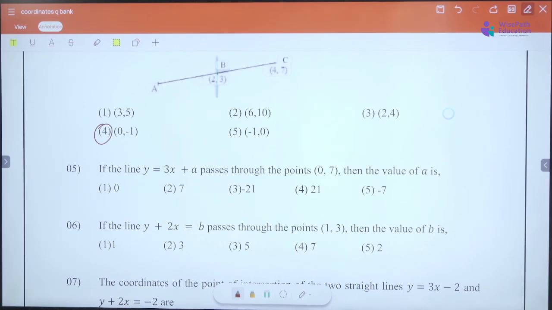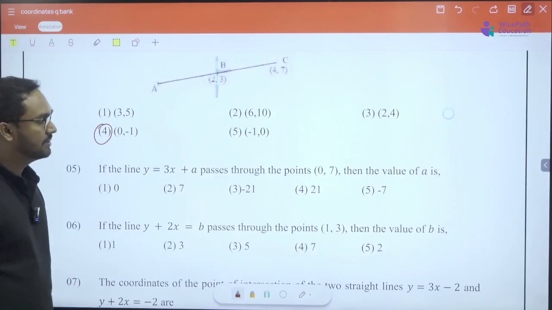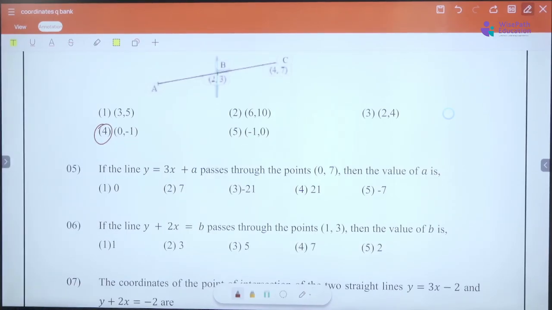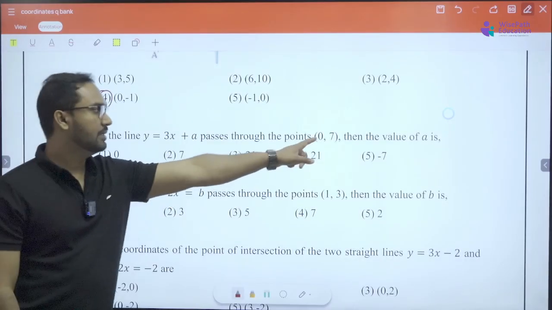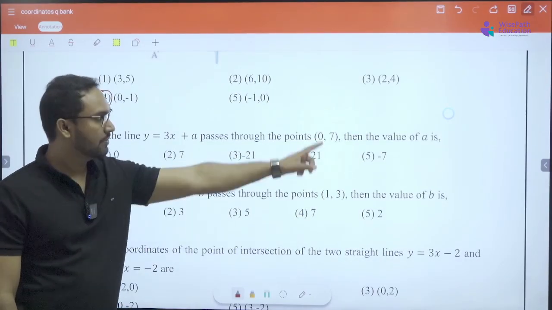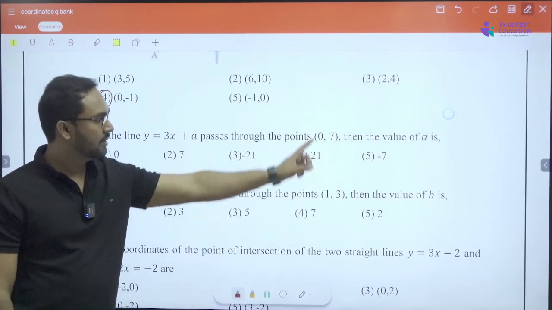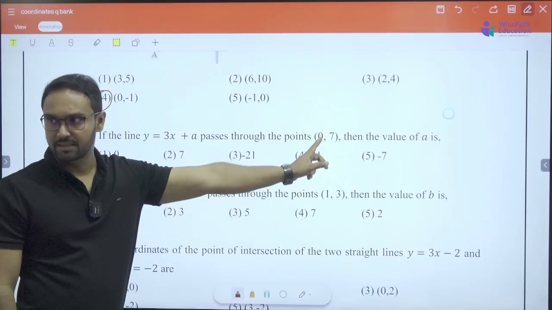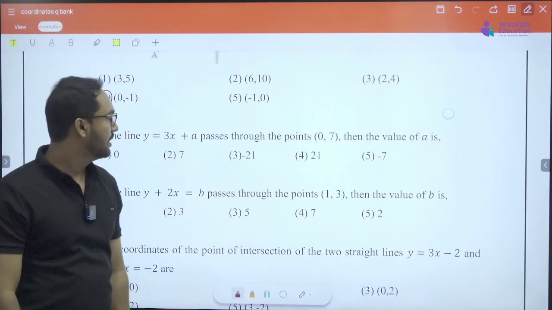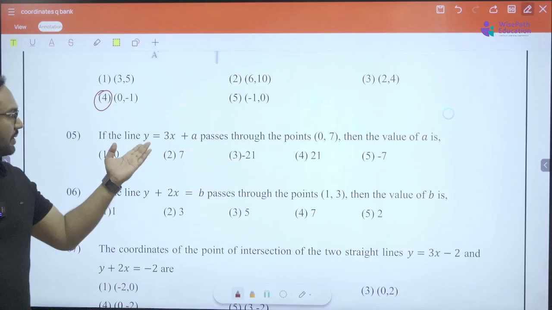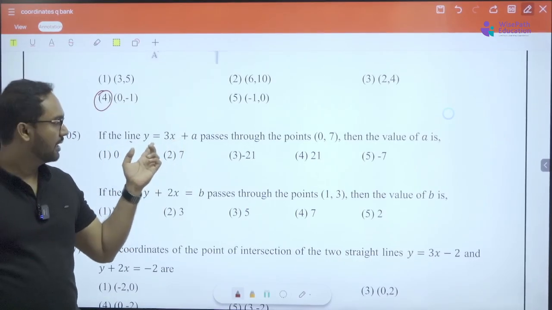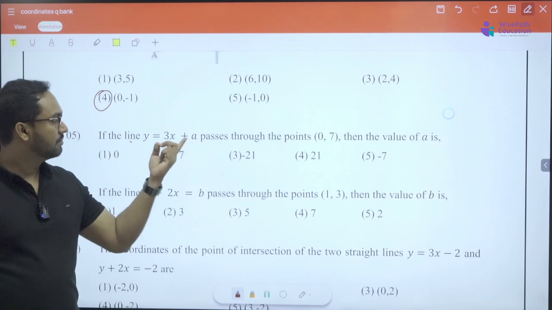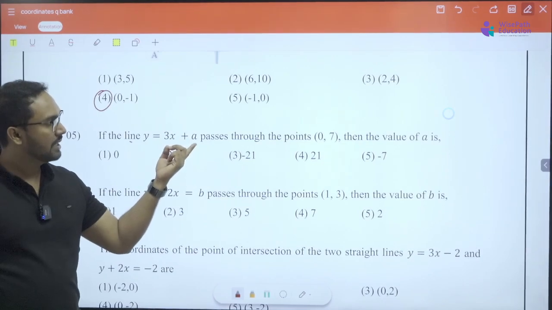Fifth question, if the line y equals 3x plus a passes through the point 0 and 7, then the value of a is. It says it passes through the point 0 and 7, so those are two of the coordinates: x is 0, y is 7. Simply, you can apply the values to y and x, and the only thing you don't know is a.